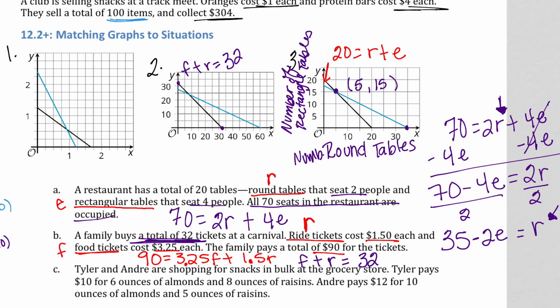Okay? So how do I verify that that blue line is the equation for my red equation? So the red equation is the equation for the blue line. How do I verify that? How about we just plug in a point on this one?